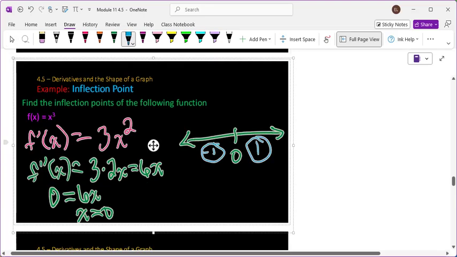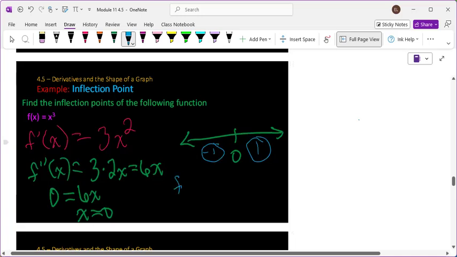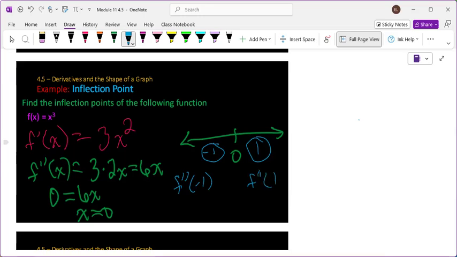So we're wanting to know here, what's the second derivative at -1? And what's the second derivative at +1? So our second derivative is 6 times x. So 6 times -1 is going to be -6.